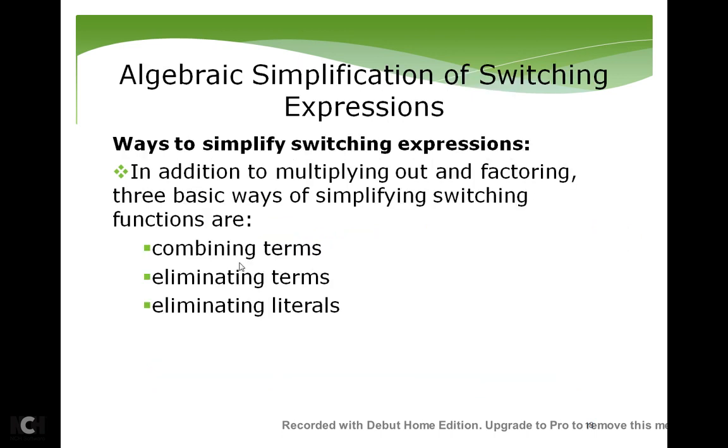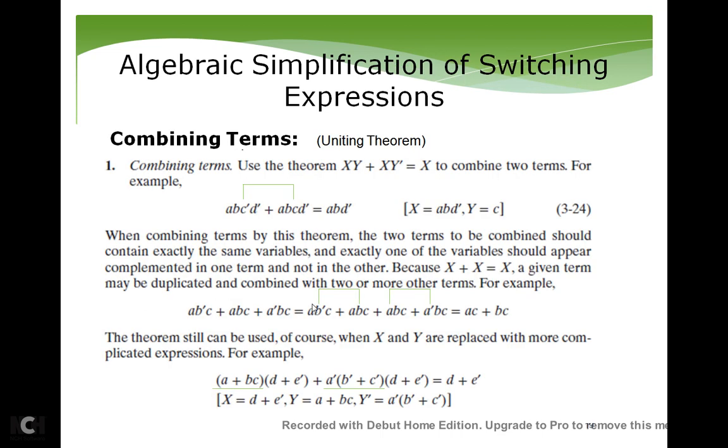Now, we're going to look at the different ways of simplifying expressions. We can do combining terms and eliminating literals. For combining terms, we can use the uniting theorem: xy or xy prime equals x. We're going to use x's and y's and z's in our theorems as metavariables to represent expressions in the problem variables a, b, c, d.